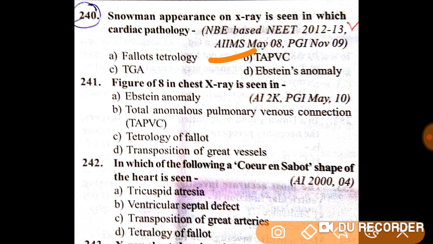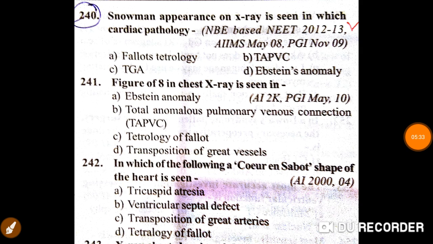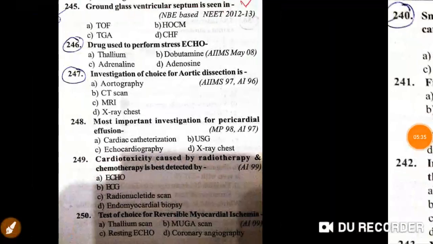Okay, figure 8 or snowman heart on chest X-ray is the same, we see it in total anomalous pulmonary venous connection. Which of the following is a coeur en sabot shape of heart? This is seen in tetralogy of Fallot. Boot shape heart is also known as coeur en sabot. Okay. Hope guys still here. It's very much clear for you.